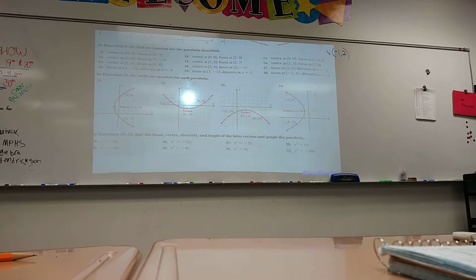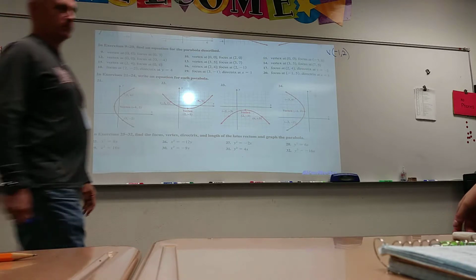We don't know which way it opens, so we don't know which formula to use. If we don't know the direction it opens, we cannot possibly get the equation. So I could argue that the direction it opens is more important even than the vertex.